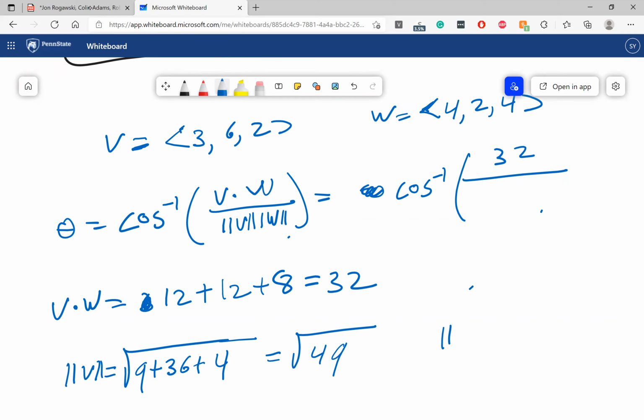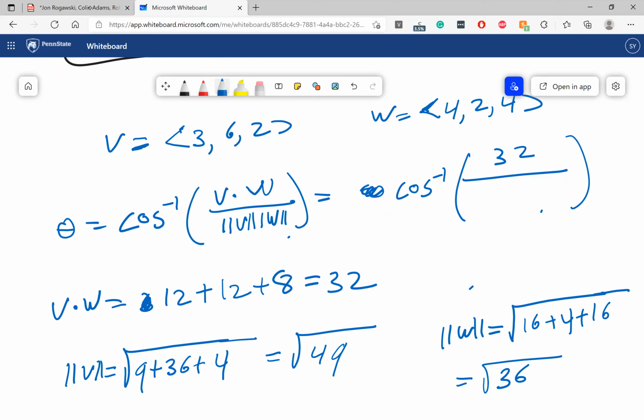And what's the magnitude of W? The magnitude of W is the square root of 16 plus 4 plus 16, and that's the square root of 36. That would be 7 and 6, so you put that over here.